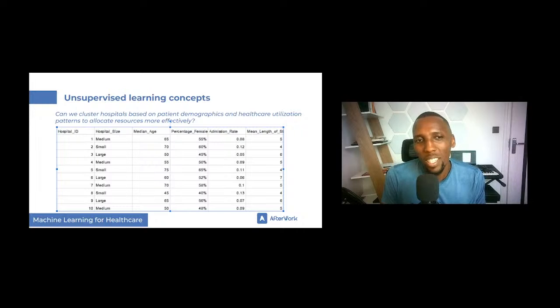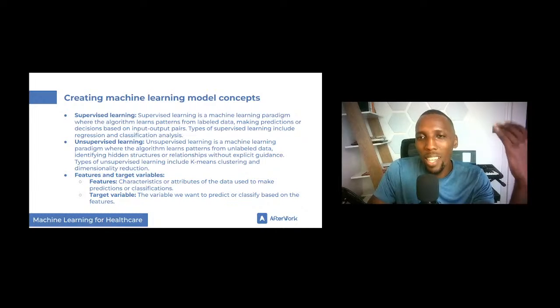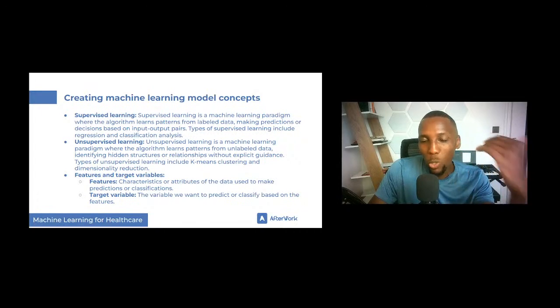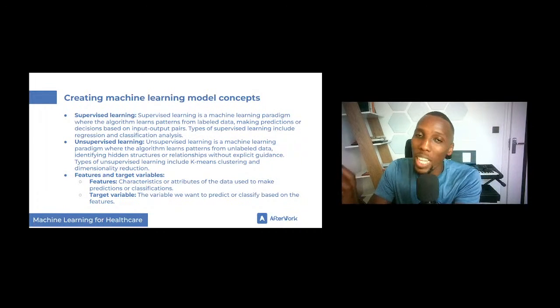So it's like we have 100 records, and we might want to group those records into different categories, into different buckets. And that's where clustering, which is part of unsupervised learning, comes in. So the idea of features will be in both categories of machine learning, unsupervised learning and supervised learning. In unsupervised learning, we don't have a target variable, we don't have a label.